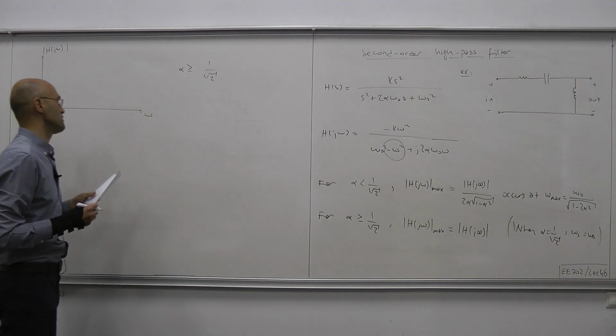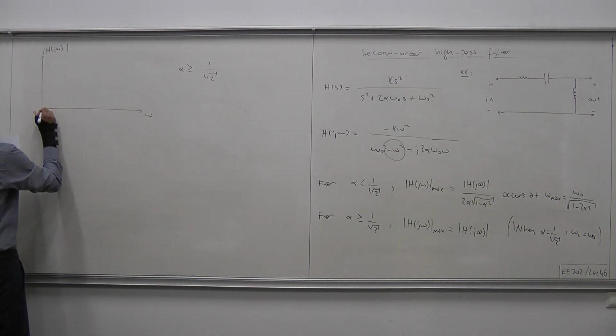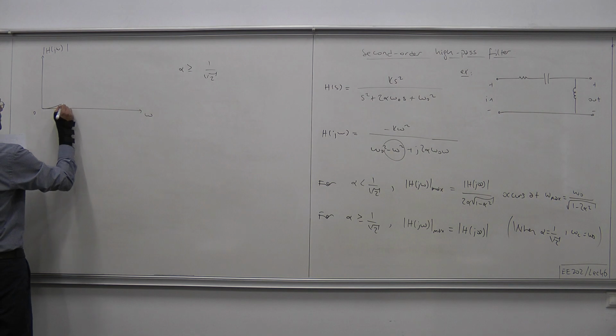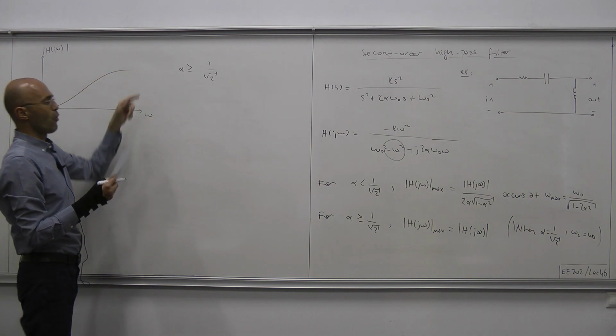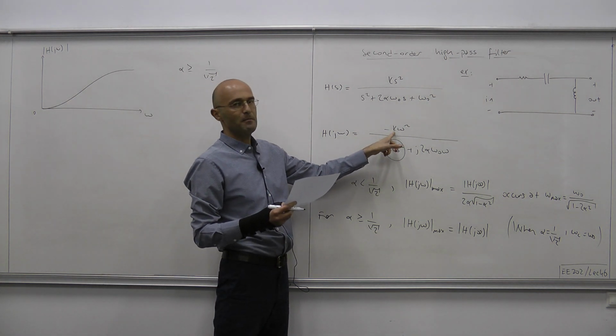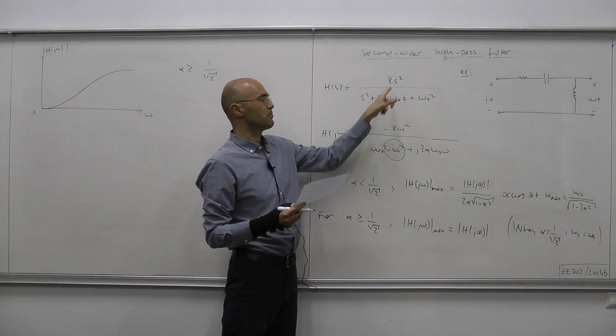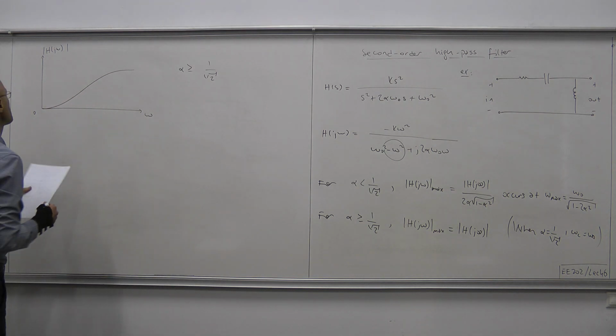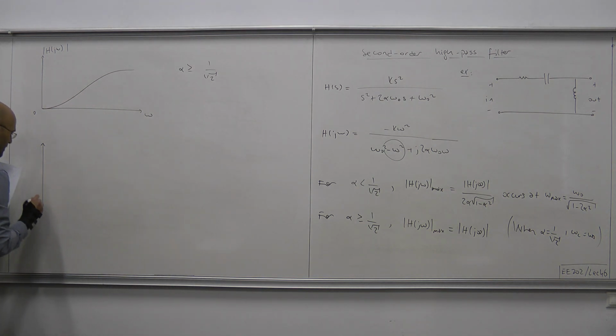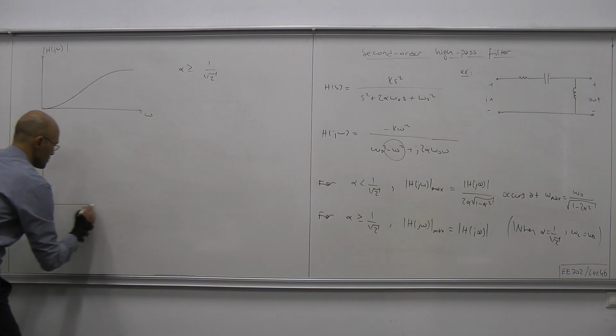So we start at 0 and keep increasing and increasing, converging toward the magnitude of K, which appears in the numerator. So that's the monotonic case when the damping factor is large.